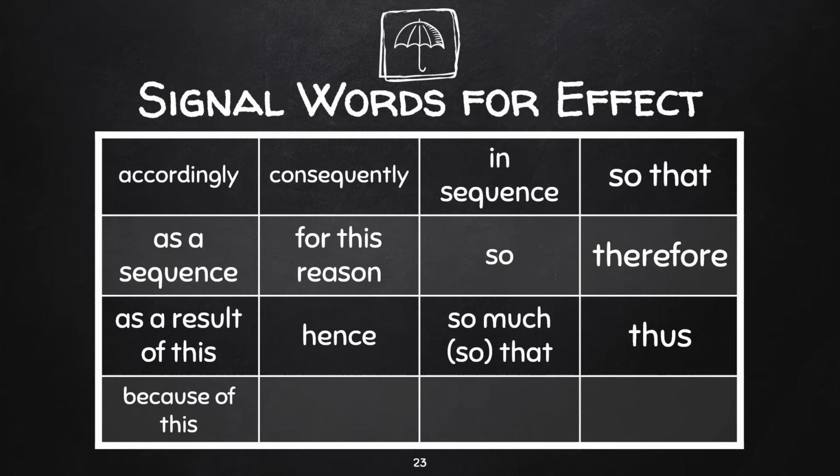The following are the signal words for effect: accordingly, consequently, in sequence, so that, as a sequence, for this reason, so, therefore, as a result of this, hence, so much so that, thus, and because of this.